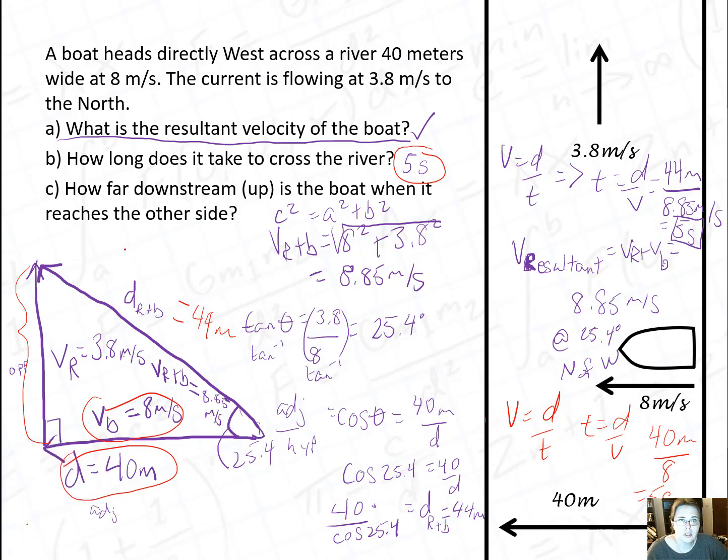Maybe dark blue. So then it is c squared equals a squared plus b squared, but it's 44 squared is equal to 40 squared plus a squared. So then it's 44 squared minus 40 squared is equal to a squared.